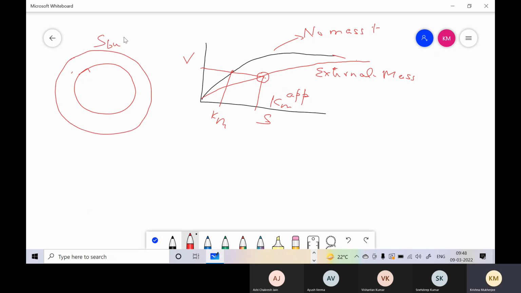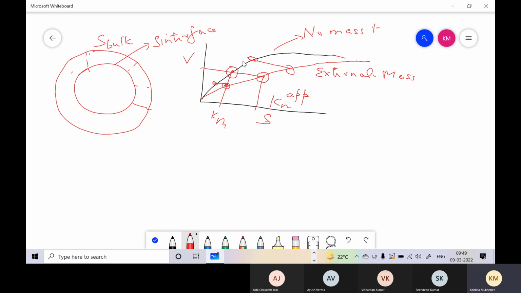if this is the S bulk, this is S at the interface. So the Km apparent minus Km, this ratio is nothing but the gradient across this film. At any point, it doesn't matter. This is the gradient.